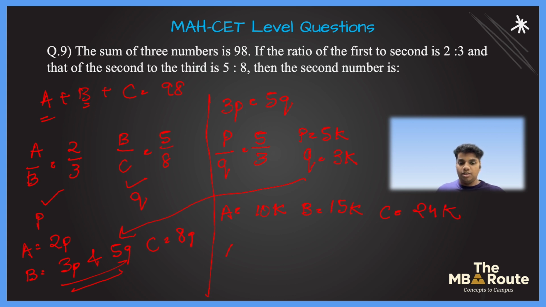And adding all this, A plus B plus C, 10K plus 15K plus 24K, that is 49K, which is equal to 98. So K is equal to 2. We have the common multiplier as 2. So we have to find the second number, that is B. Just substitute this here. So B is equal to 30.